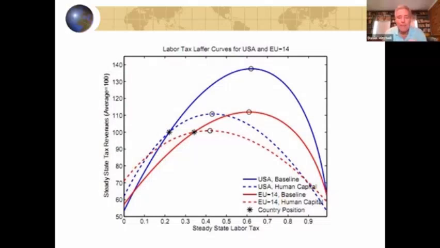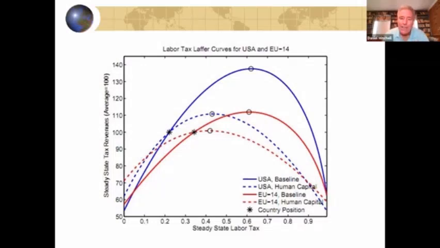And look at, say, the blue line for the United States. You can see that if you have a tax rate of about 20%, your tax revenue is going to be about at the level of 100 in this index. If you raise your tax rate to about 40%, your revenues go to 110.